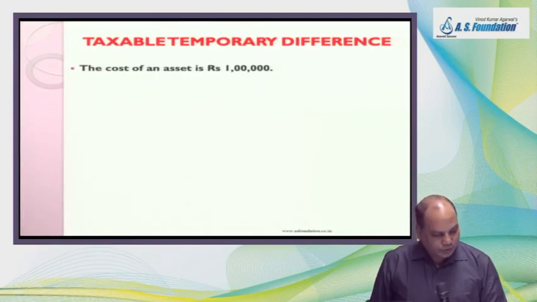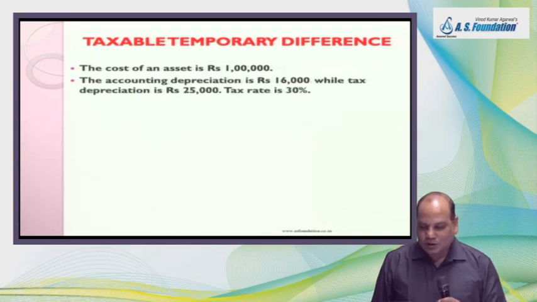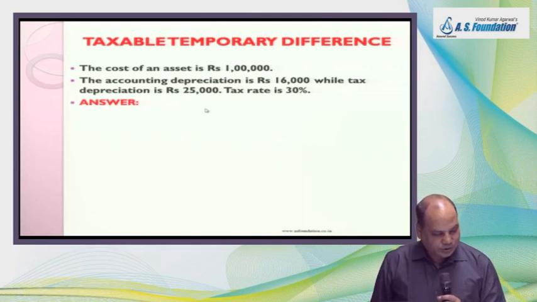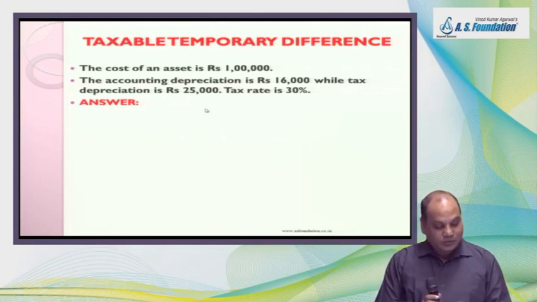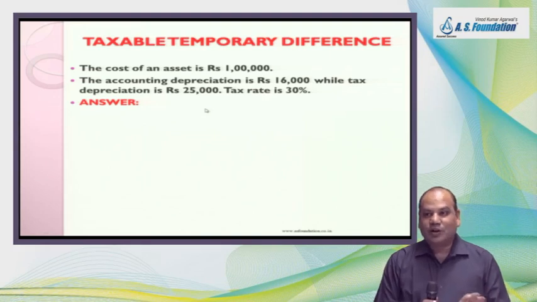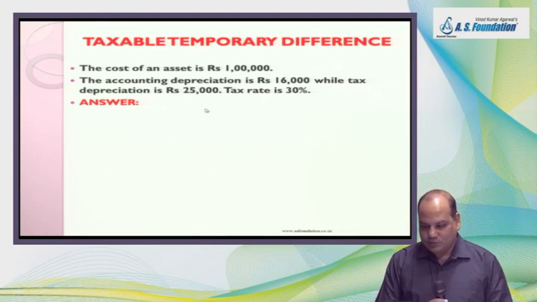Okay, now your chance. Next question. The cost of an asset is 1 lakh. Accounting depreciation is 16,000. Tax depreciation is 25,000. Tax rate is 30%. My question is, what is DTA or DTL? In the exam, they will ask you what is DTA or DTL. So first of all, we need to check what is the carrying amount.